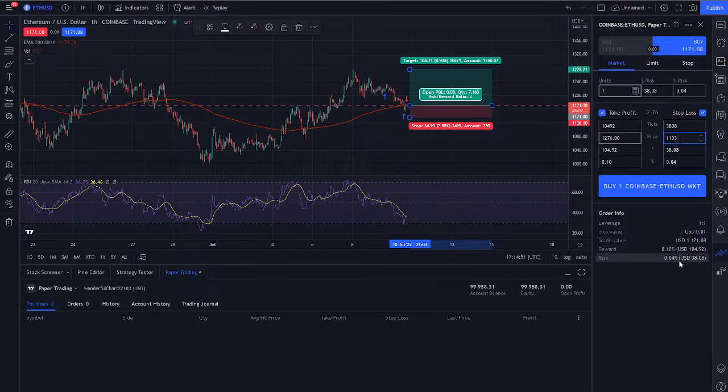And so what that's basically saying is I'm willing to put at risk the amount of money between my position entry and my stop loss, or $38, for the potential reward of getting $104 worth of profit, right?